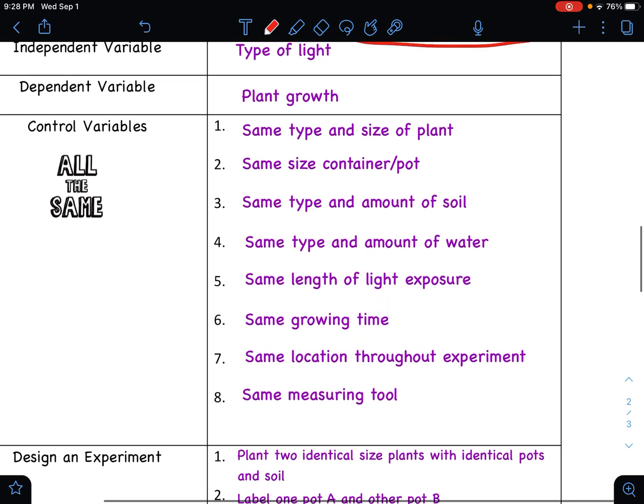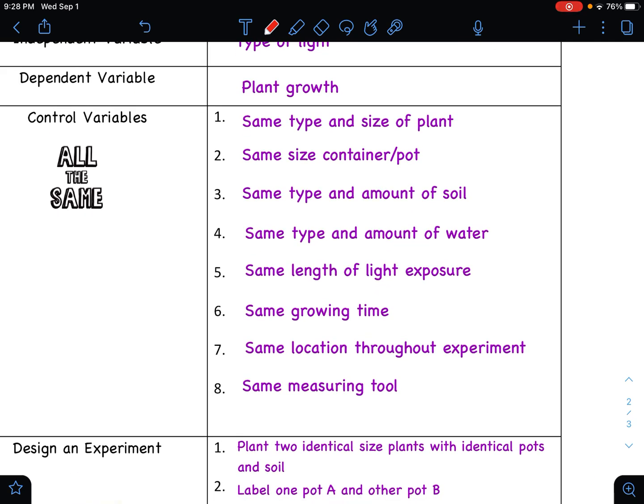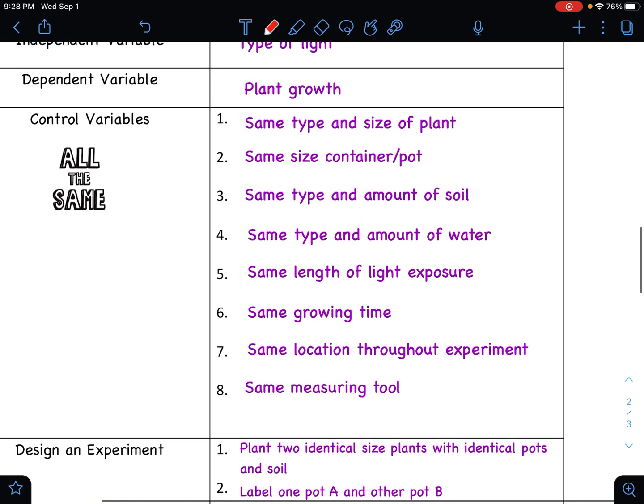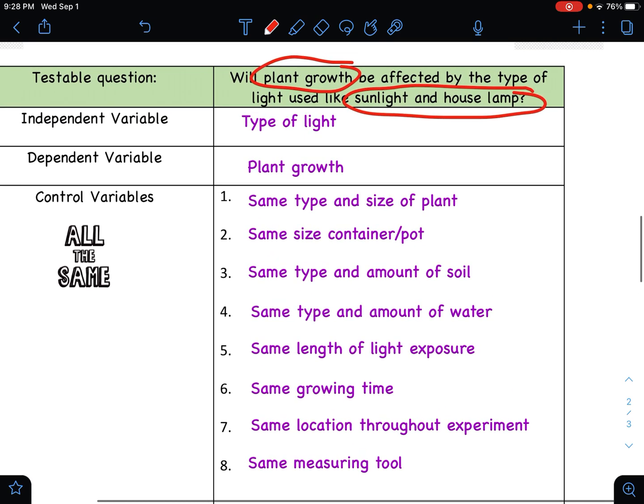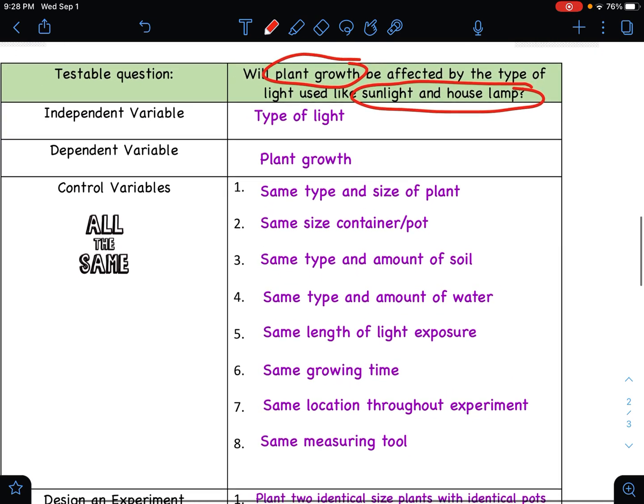All right, so what I didn't say in here that we have talked about is fertilizer. So you would fertilize them the same if you choose to fertilize this plant, the same amount and the same type of fertilizer, okay? So everything's the same except for where you're going to put these two plants, okay?